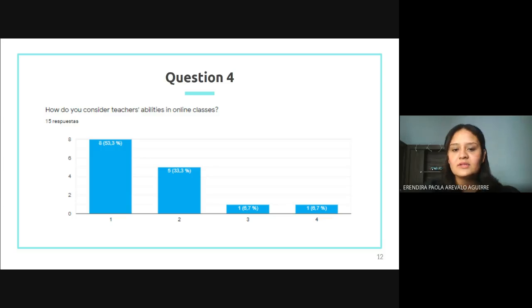And like the numbers that we keep seeing on the 3 and 4, which was very bad, are the students who also chose that they had more trouble either concentrating or they really didn't get the online classes.